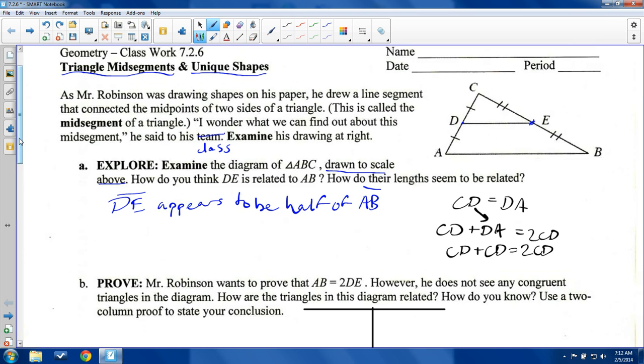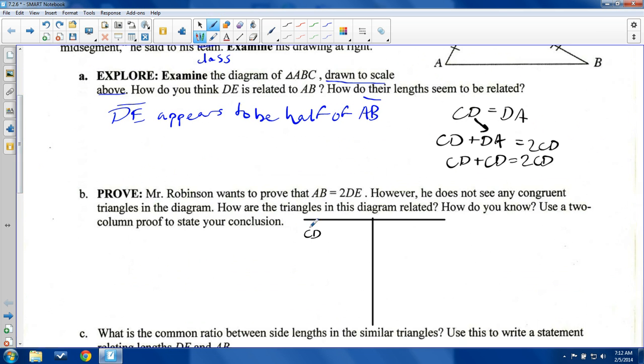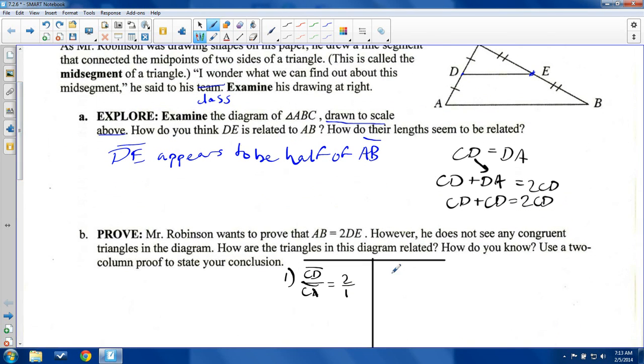So that's something that I know. So I can say CD over CA equals 1 over 2, because CD plus DA equals 2CD.